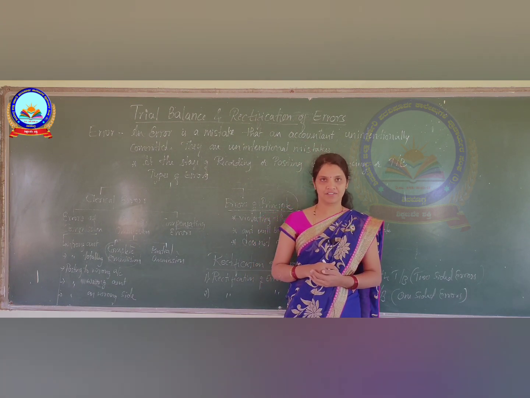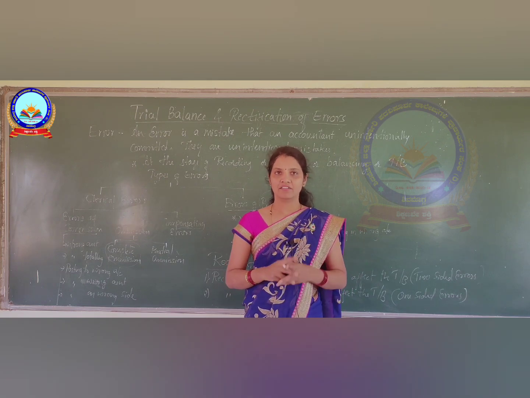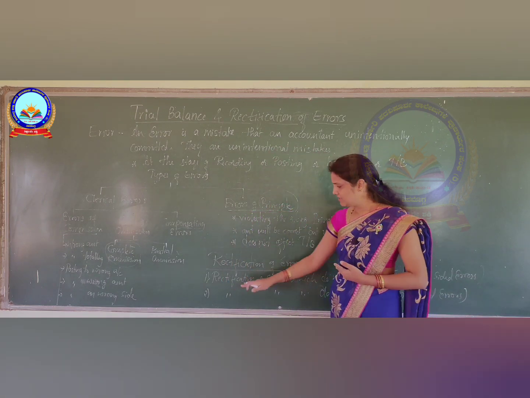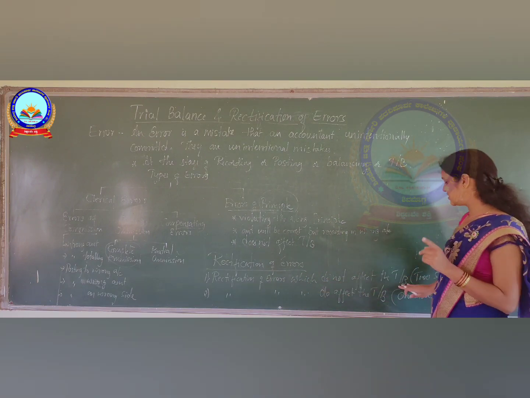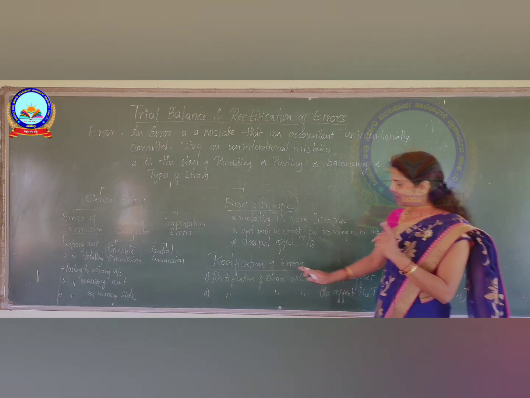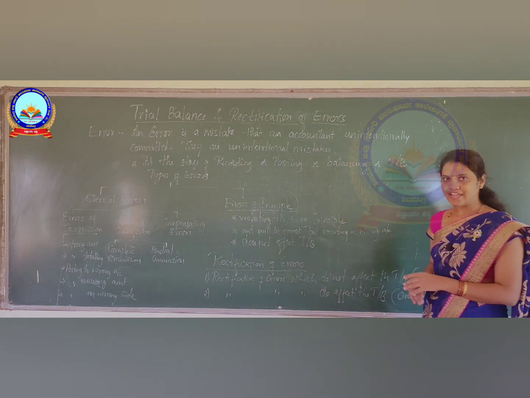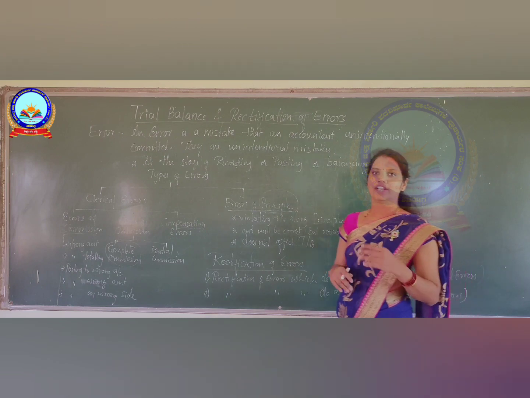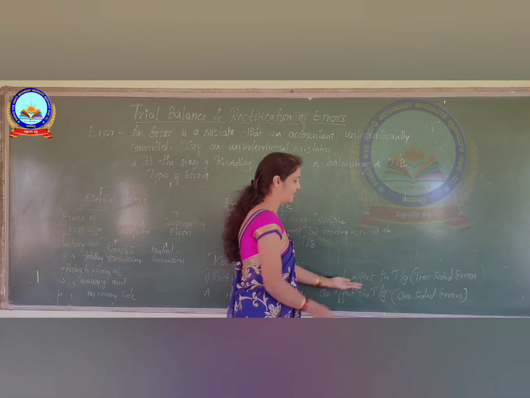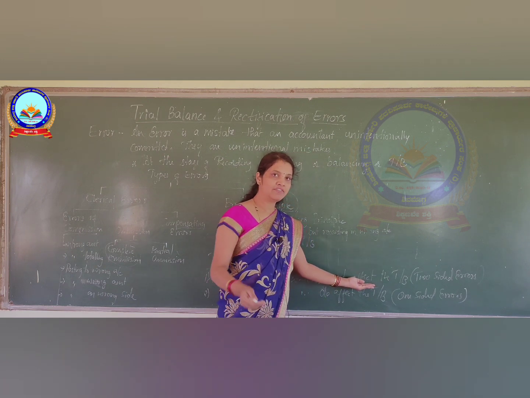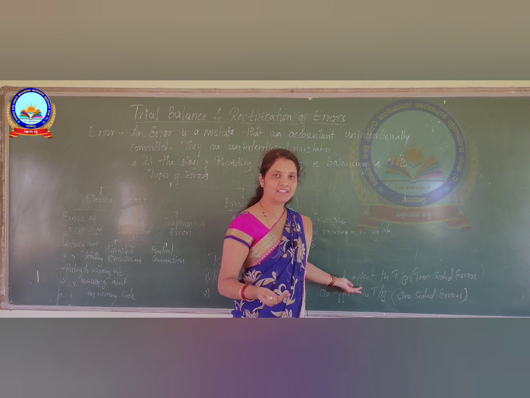For the rectification, we classify the errors into two classifications: rectification of errors which do not affect the trial balance and rectification of errors which do affect the trial balance. Rectification of errors which do not affect the trial balance means even after committing these errors, our trial balance tallies.